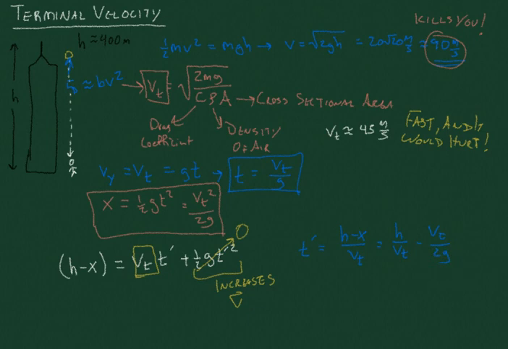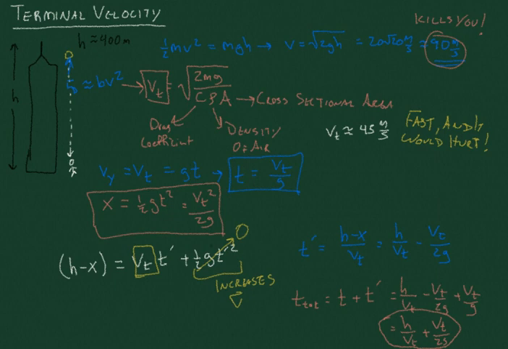Then our total time is just t plus t prime, which is h over vt minus vt over 2g plus vt over g, which is just h over the terminal velocity plus the terminal velocity over 2g. And this would be the total time that it takes the penny to fall.